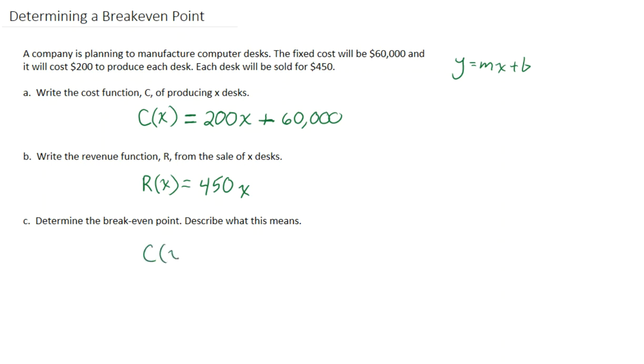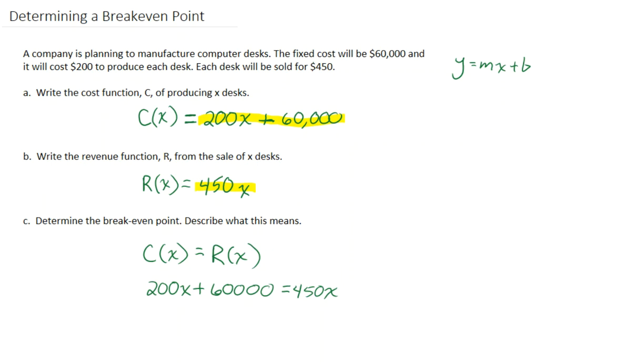So if I set my cost function equal to my revenue function, that's what we're doing. But you don't need to show this step. Essentially, where we need to go is we're going to set the right side of my function for cost equal to the right side of my function for revenue. And that gives me the 200x plus 60,000 equal to the 450x.